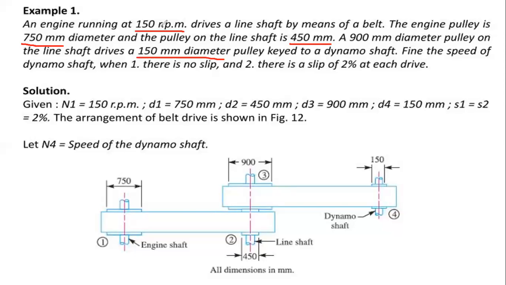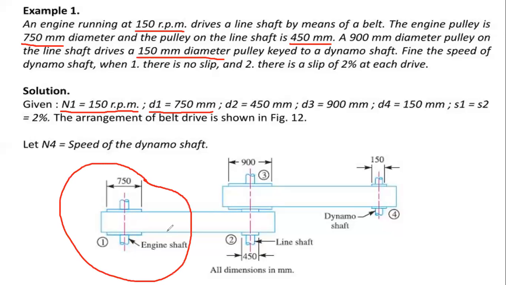The speed of the driver pulley, N1, is 150 rpm, and the diameter of the first pulley on the engine shaft is 750.